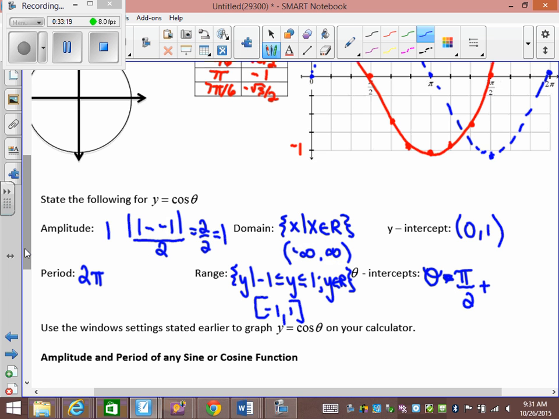Pi, because pi over 2 to 3 pi over 2, right? If I go to 3 pi over 2 and subtract off pi over 2, that's just pi. So it still takes pi to repeat to the next one, and then it would do the same thing. Okay.